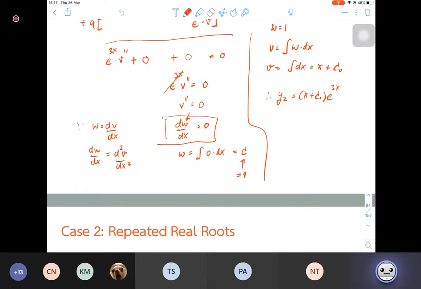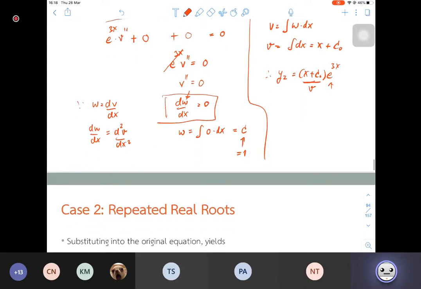This is the given solution, and here is v. So we have x e to the power of 3x plus c0 e to the power of 3x. But we already have those terms from the given solution, right?